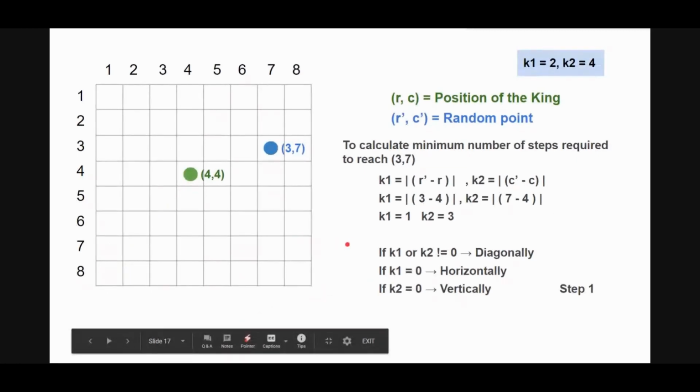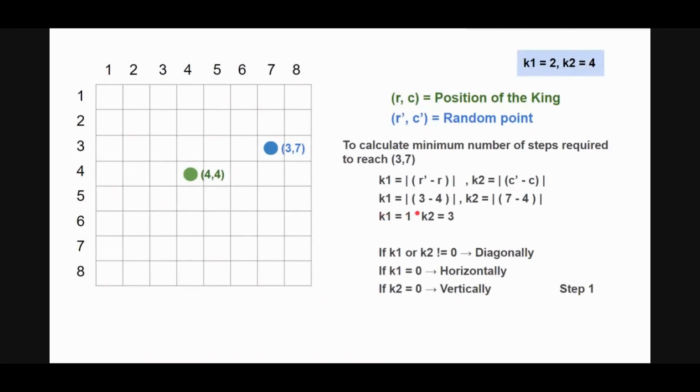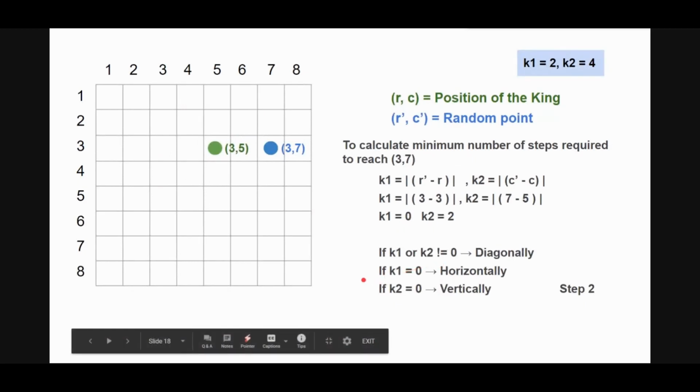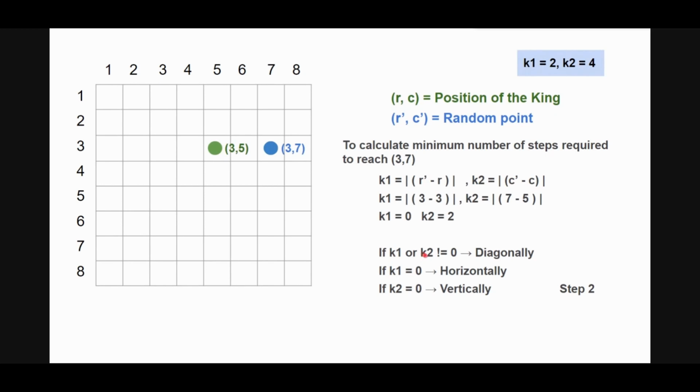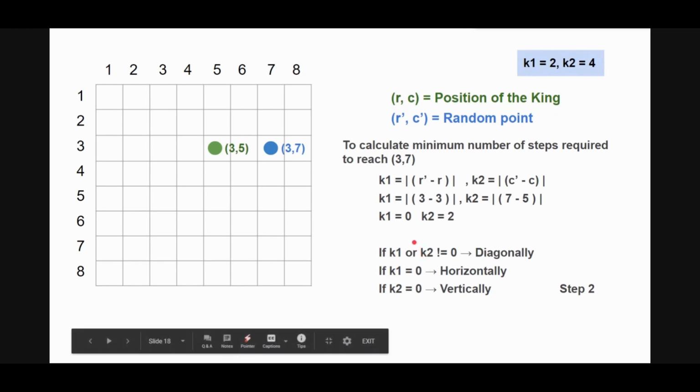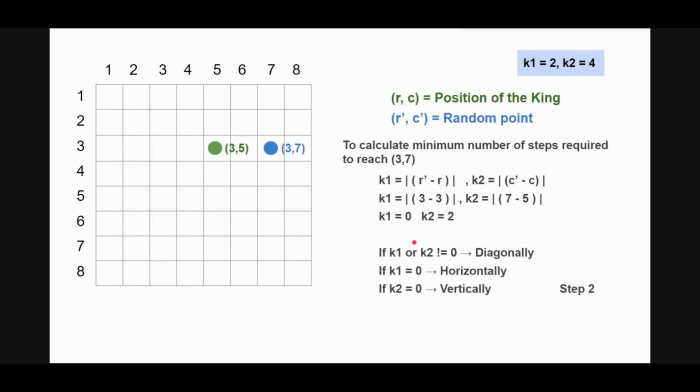Now we'll calculate the values of k1 and k2 again. We'll continue to move diagonally because k1 or k2 is not equal to 0. So this is step 2. Here the value of k1 is 0, so we'll start moving horizontally.